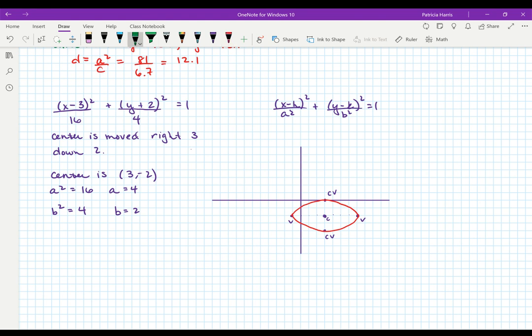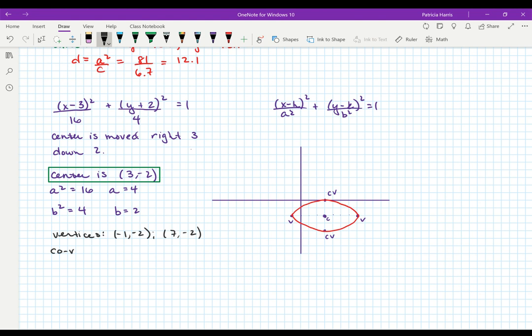Now, let's write down what we know. I know that the center is 3, negative 2. Now, I know my vertices, and I'm going to look at the graph. Remember I just counted, is negative 1, negative 2. And then the other one is 7, negative 2.